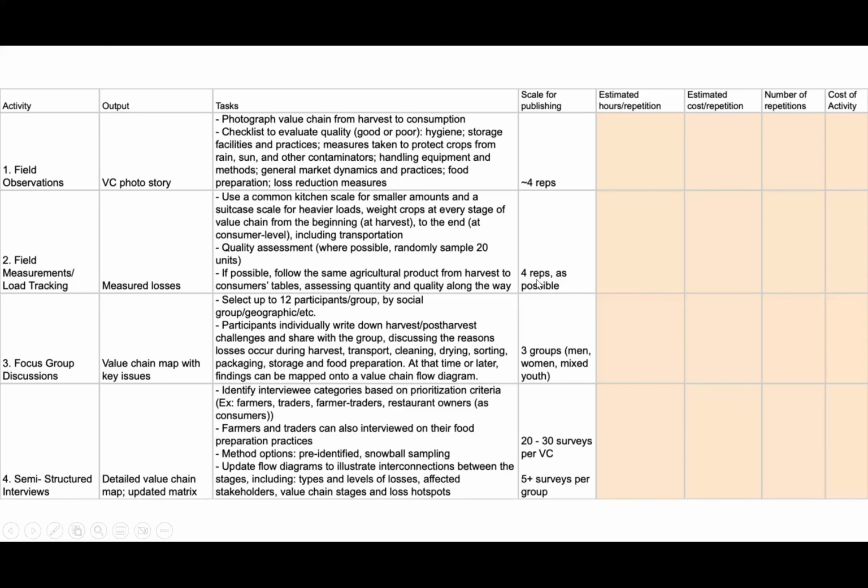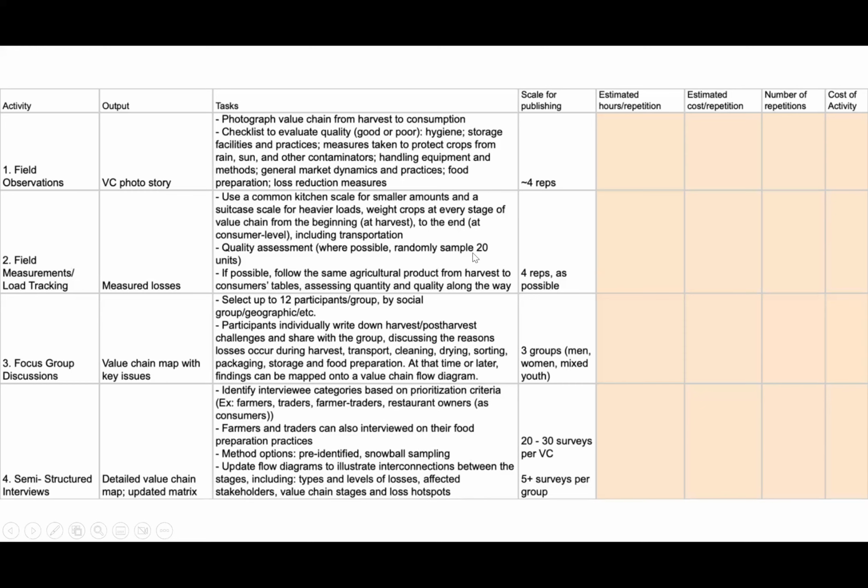But we've provided guidance on how to do field observations and do a value chain photo story. For us, an expert observation of food loss and waste is where we can really see why and how and where food loss is happening. Next is field measurements or load tracking.